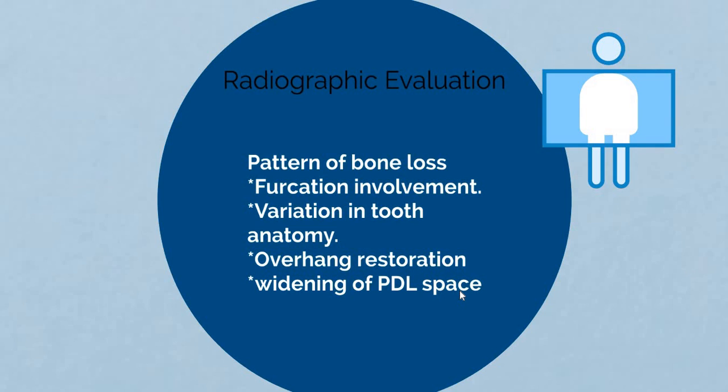Radiographic features that can be identified include pattern of bone loss, furcation involvement, variation in tooth anatomy, overhanging restoration, widening of periodontal ligament space, especially in cases of occlusal trauma, or sometimes you may see a periapical infection in case of perio-endo lesion.